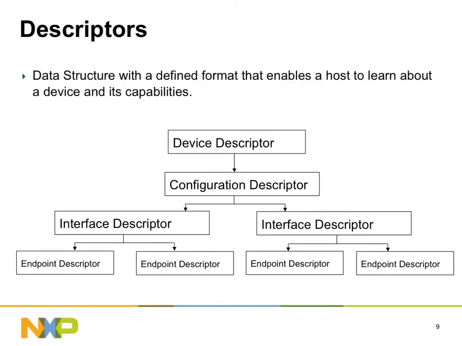USB devices report their attributes using descriptors. So when a USB device is plugged into a bus, one of the first things that happens is it sends a descriptor up to the host that tells it what type of device it is, and there are several different kinds of descriptors.